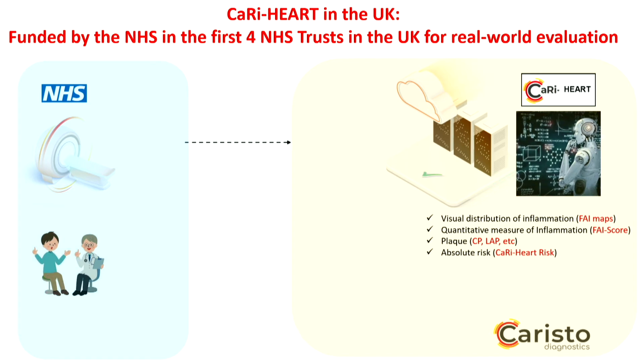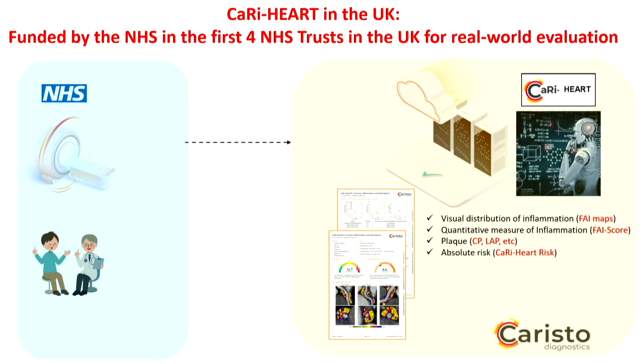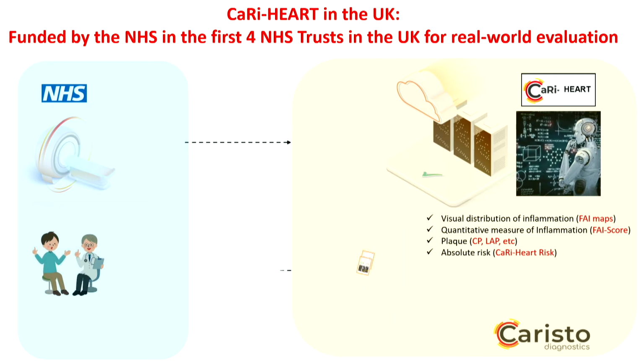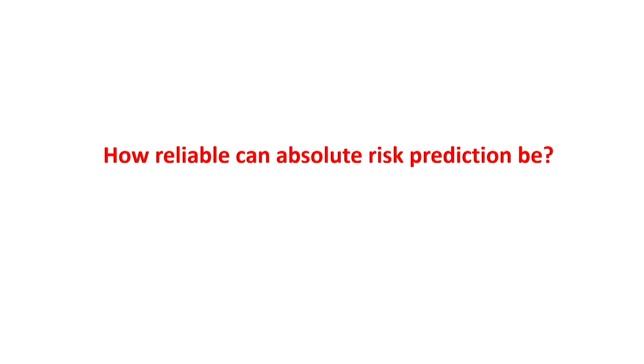You get the analysis for inflammation, the quantitative and the visual interpretation of inflammation in the coronary arteries. You get information about the plaque, low attenuation plaque, calcified plaque, etc., and the absolute risk for a fatal cardiac event. This information is then put onto a report and is sent back to the clinician, and we are now evaluating how this changes the decision-making process in primary and secondary prevention.